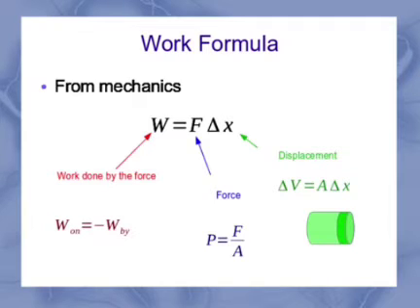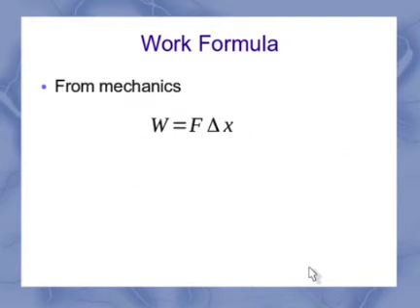The volume is going to be the area of the cylinder times the length of the cylinder. And the change in volume keeps that same constant area times just the little change in length of the cylinder. Now, in general, we can use this change in volume and pressure for a gas because it doesn't have to keep a constant shape. So they are more general and more applicable for gases.